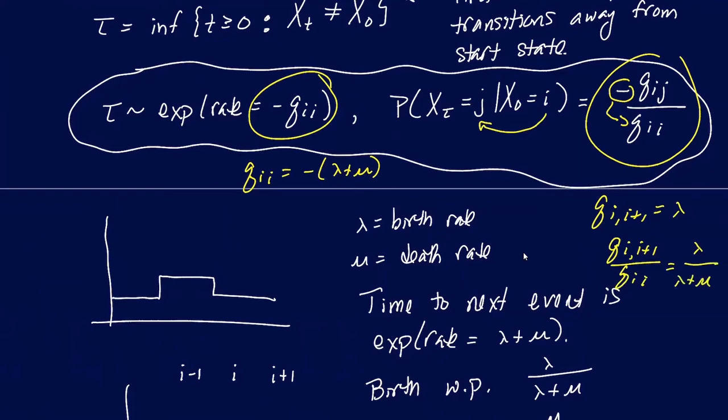Q_ii is negative, but we have a negative in the front. I don't know if that took too much of your time, but I just wanted to point out these things that are being given to you in this problem.